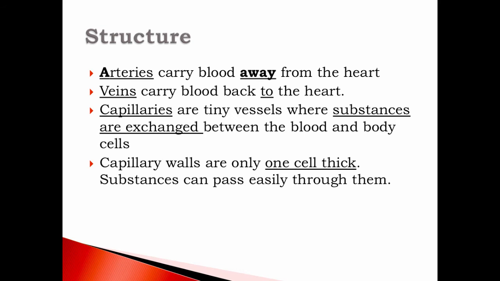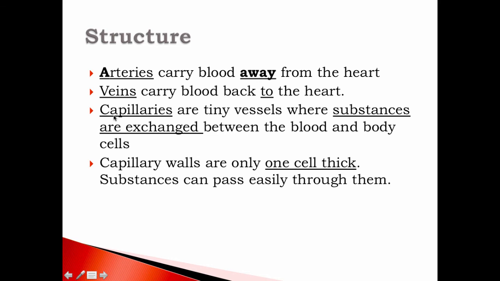So remember how I told you to think of the transportation like cities? Well, let's pretend that arteries are one-way streets and veins are another one-way street. Capillaries are like the train stops. This is where they stop. Oxygen gets off, carbon dioxide gets on. So when you have an artery and it comes to a capillary, oxygen now leaves.